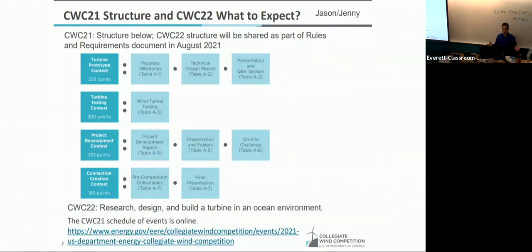And then there's a connection creation contest, which is focused more on communication skills. If you have any friends who are communication majors who might be interested, we can talk more about that.